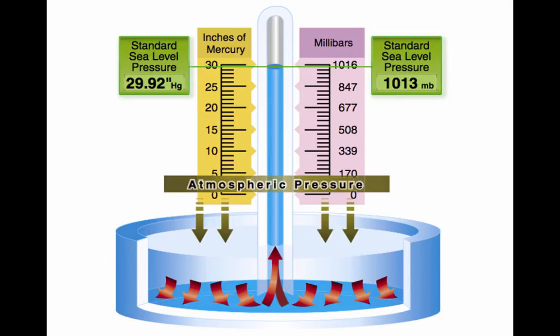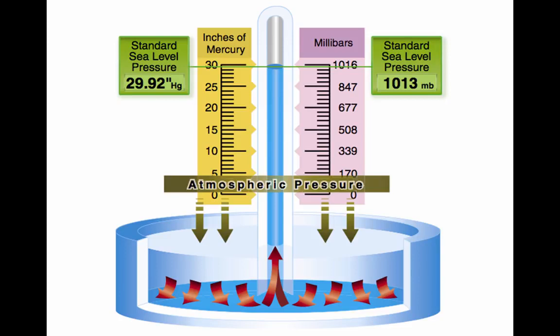The density of air has significant effects on the aircraft's performance. As air becomes less dense, it reduces power because the engine takes in less air, thrust because the propeller is less efficient in thin air, and lift because the thin air exerts less force on the airfoils. The pressure of the atmosphere varies with time and altitude.